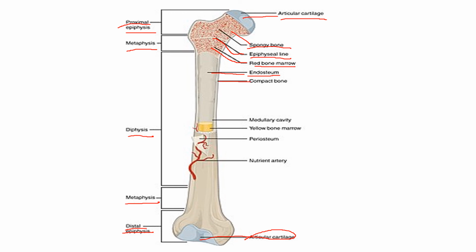This is compact bone. Then this part is medullary cavity. This is yellow bone marrow. This is periosteum and this is nutrient artery. So these are the parts which we need to know about a bone.